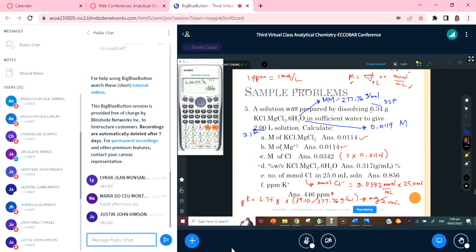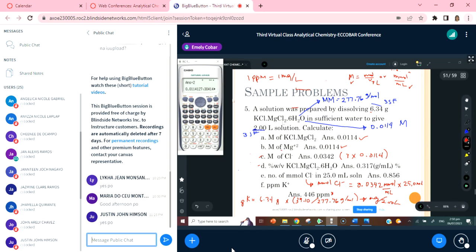Ayan. Okay, class. Yan, ano? This is the number of moles pa lang of potassium chloride, magnesium chloride, hexahydrate. Now, divided by the volume, total volume, divided by 2. Okay? Tingnan natin ang sagot. Okay, tingnan niyo yung sagot, class. 0.0114. Okay? 3 significant figures.